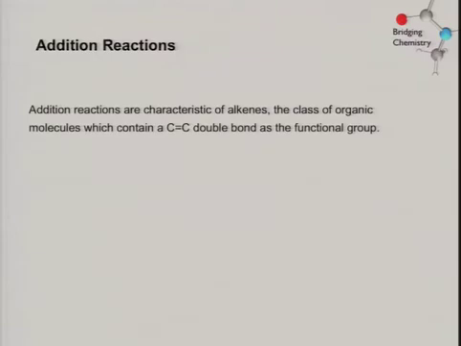The second type of reaction that you're going to come across is something called an addition reaction. And an addition reaction is something which is characteristic of alkenes and kind of alkynes, but we don't really do anything about alkynes in 191 at all because alkynes are not really biological molecules. With very few exceptions, you're not going to come across a carbon-carbon triple bond in a biological context.